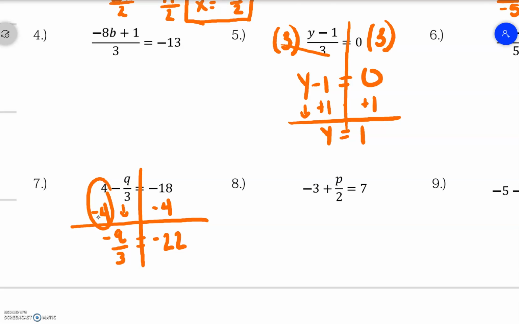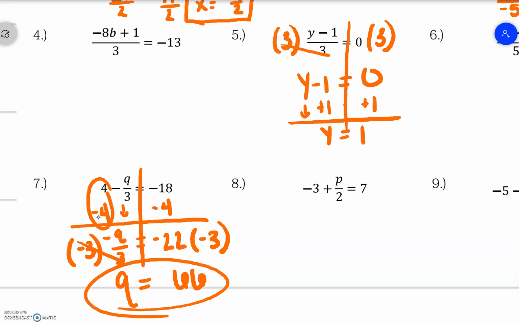Okay, we can take care of that negative in one step, so I would recommend doing that. Multiply by negative 3. That cancels out the negative and the 3 over here, leaving us with 1q equals 22 times 3, which would be 66, and is it negative or positive? Correct. It is positive because it's negative times a negative, so that would be our final answer.